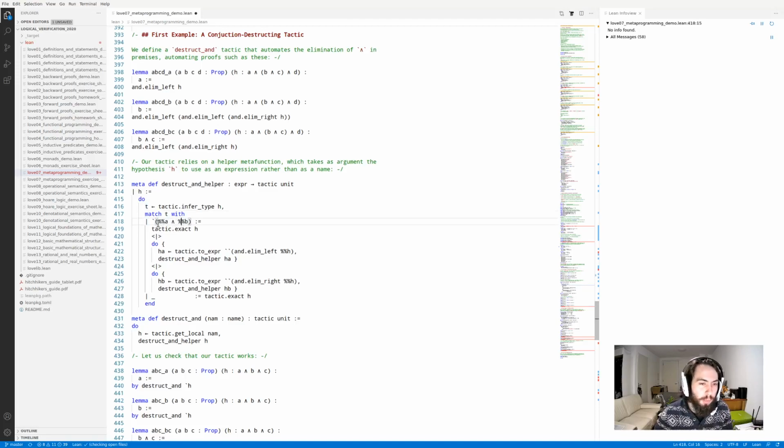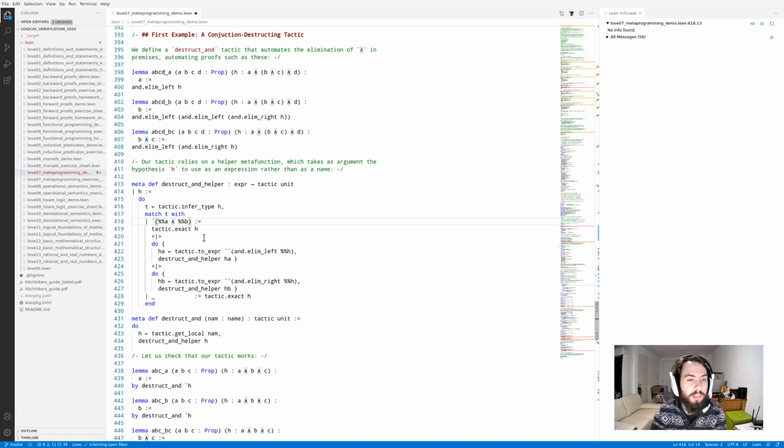Right, so here we're using the pattern matching feature with a quotation here and then an anti-quotation of both A and B. And so in this block here, A and B are in scope and are expressions which are respectively the left-hand side and the right-hand side of this conjunct. Okay, and then we're gonna try a few things.